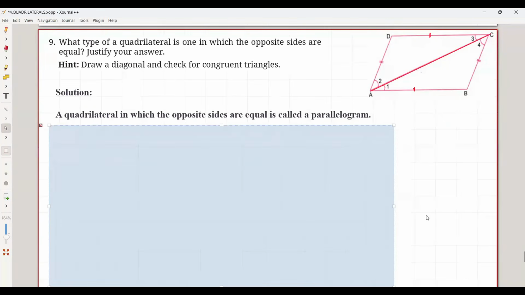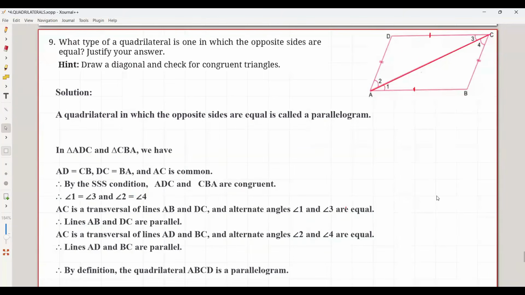I'm showing the answers here. First, we take triangle ADC and triangle CBA. We prove these two triangles are congruent based on the SSS condition. Triangle ADC is congruent to triangle CBA.